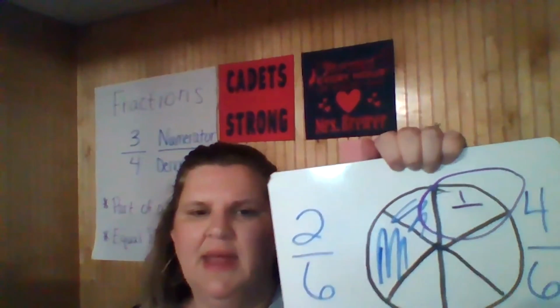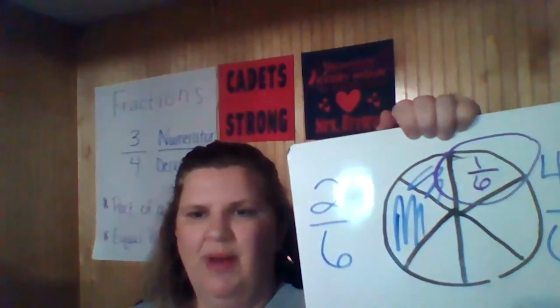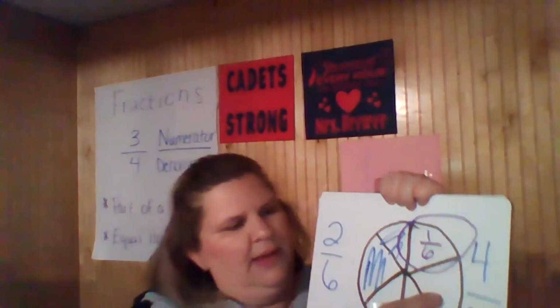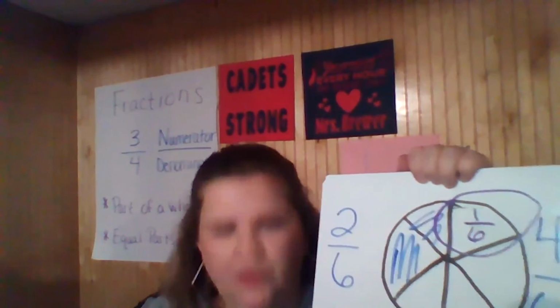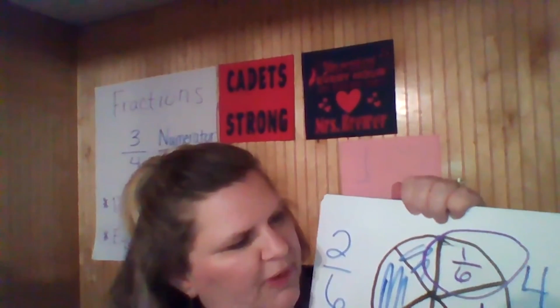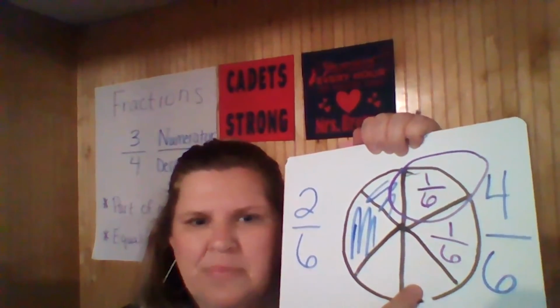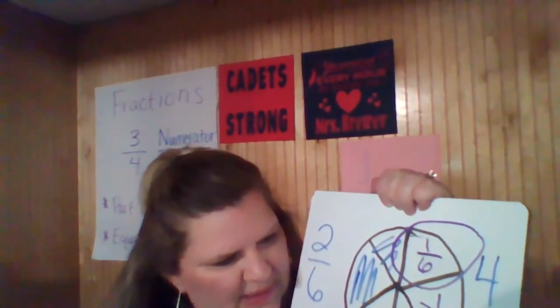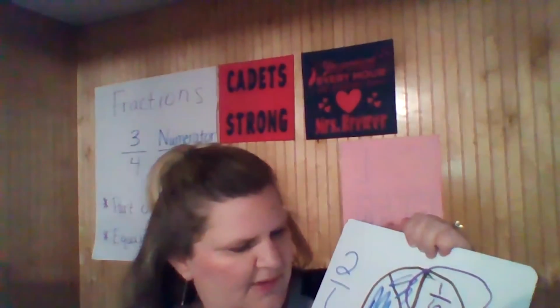And then once again, how many pieces do I have total? Right, 6. So this piece would be worth 1/6. How much would just this piece here be? You're right again. This one would also be worth 1/6. What about this one? Right, 1/6. This one would also be 1/6.